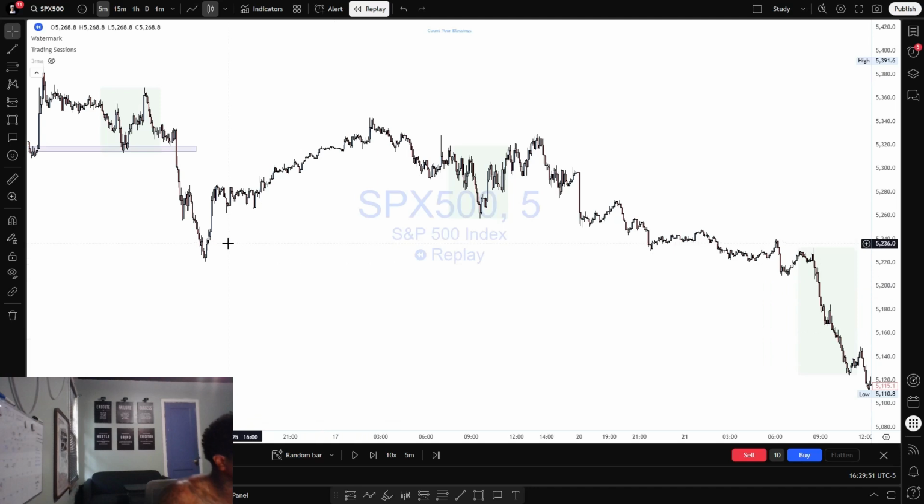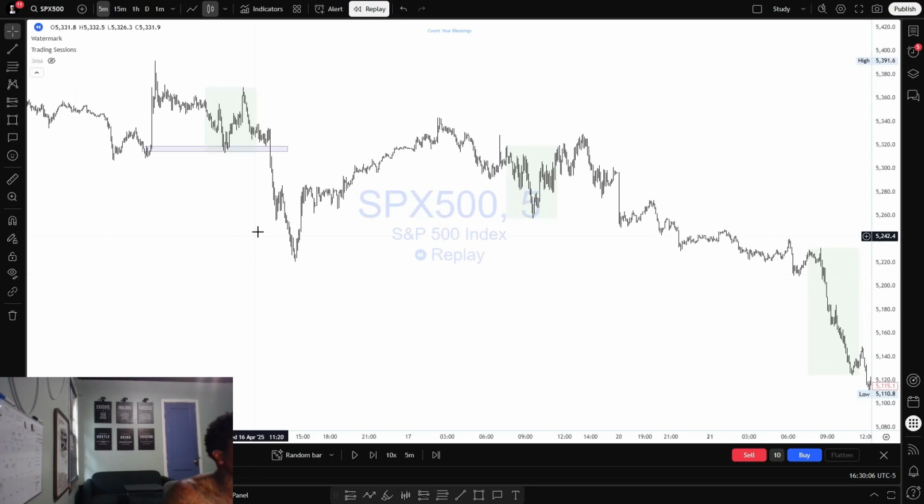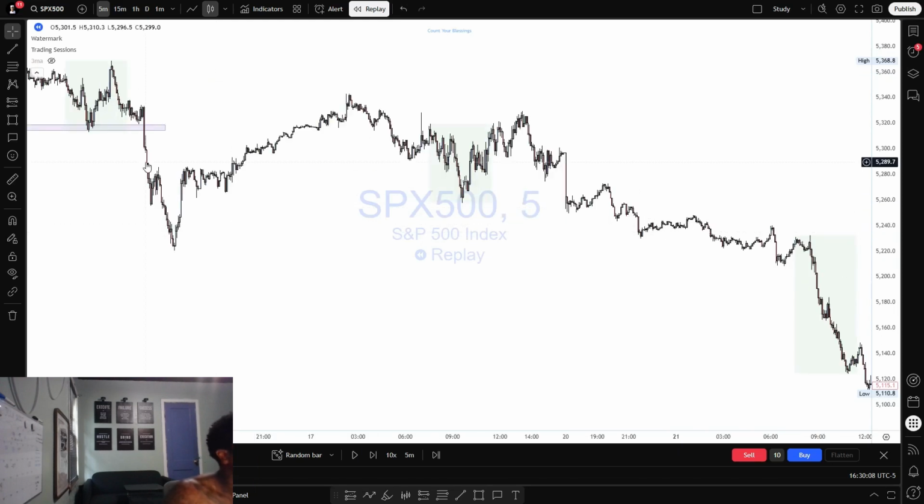Yeah, let's see if I can eventually come back to this point. Let me see. It does come to it, but it just continued to sell back. So that's why I say market structure comes in, because getting in on this is still bearish.